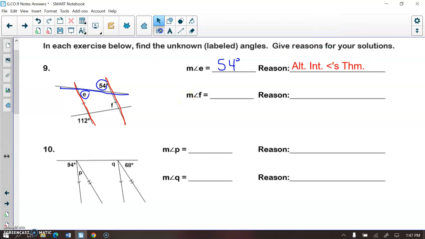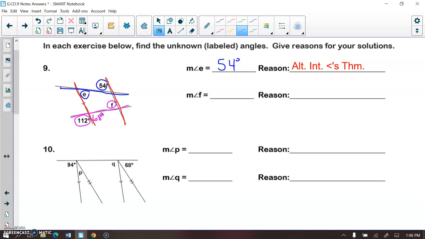Looking at those same parallel lines, but this transversal, this 112-degree angle and F are not anything. They're not a pair of angles. But if I use the linear pair theorem and I do 180 minus 112, I get this to be 68 degrees.